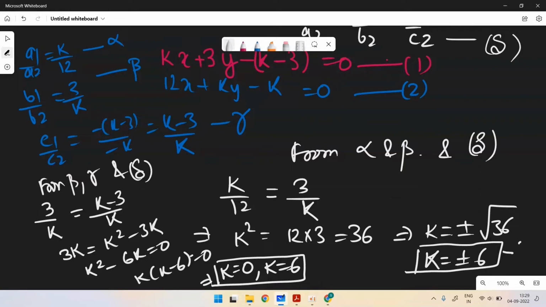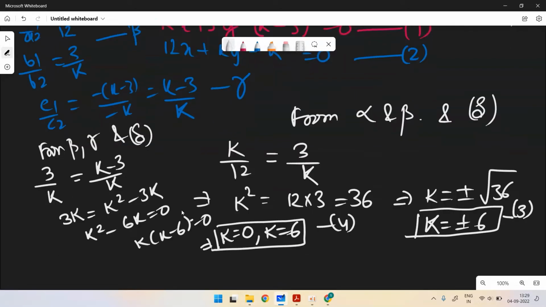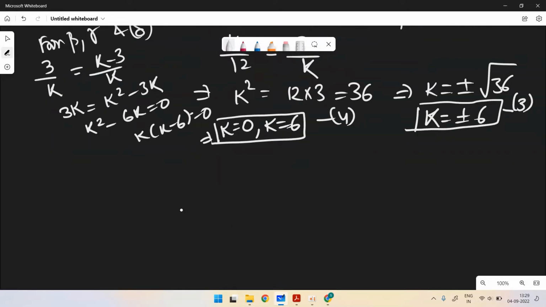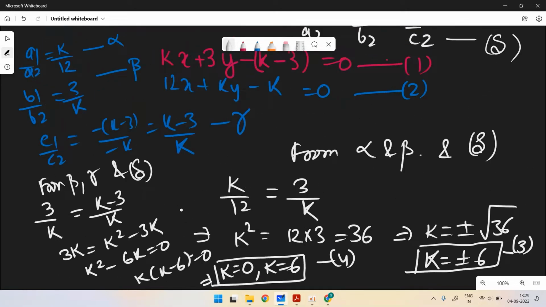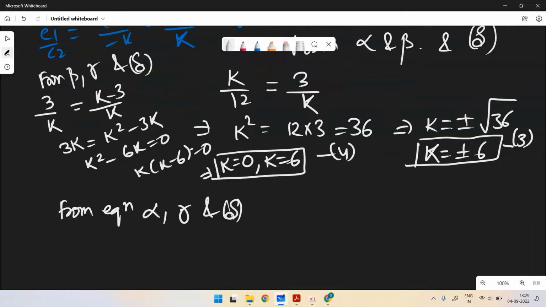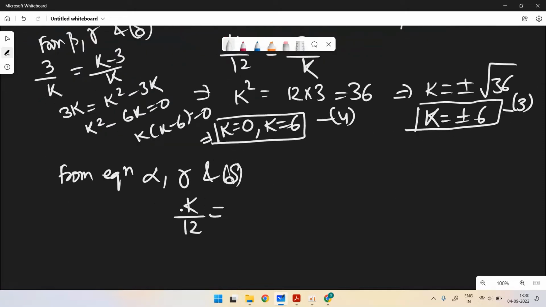So this is my 3, this is my 4, and the last one still left is alpha, gamma and delta. Now from the equation alpha, gamma and delta, what you did get is alpha is k by 12 and gamma is k minus 3 by k, so k by 12 equals k minus 3 by k.